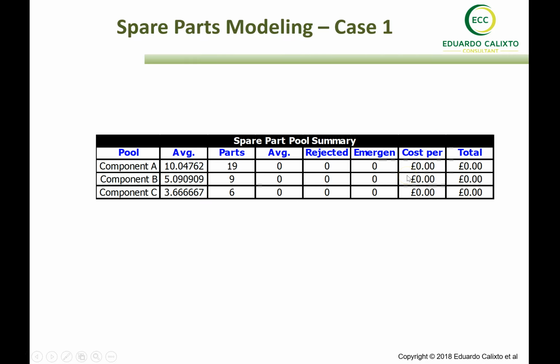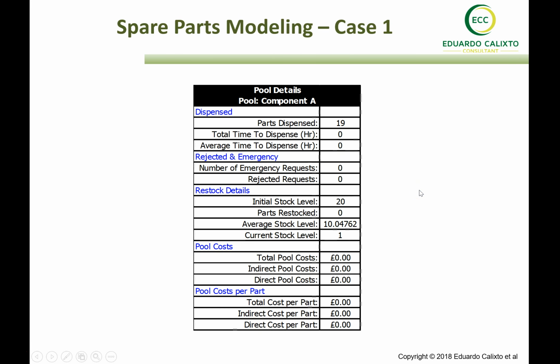So my cash flow will be higher than if I invest in all these spare parts in the very beginning of the life cycle. Let's take a look at each individual component.